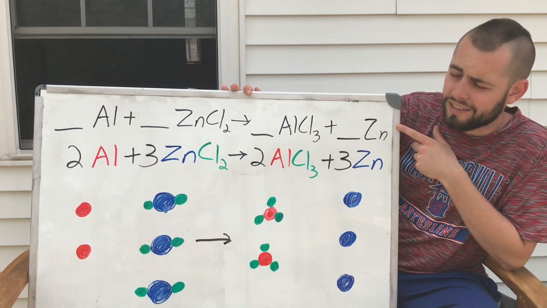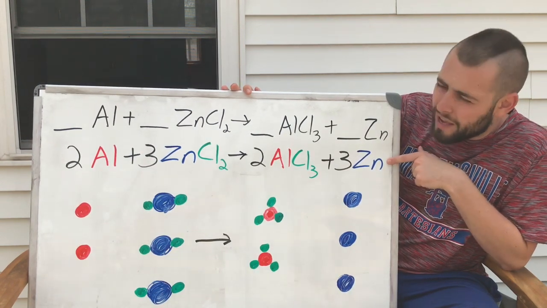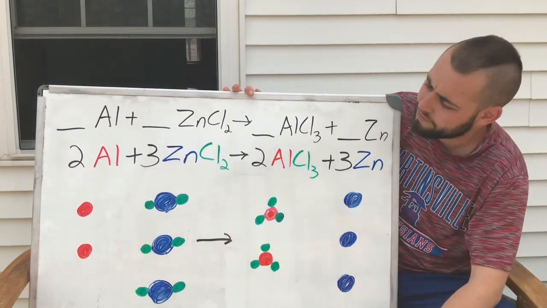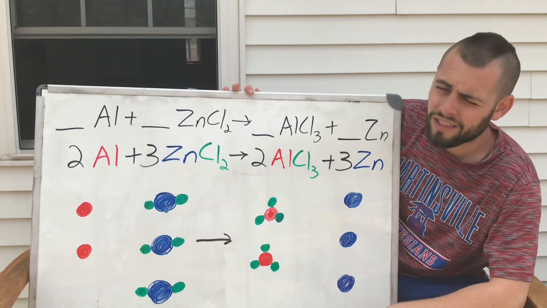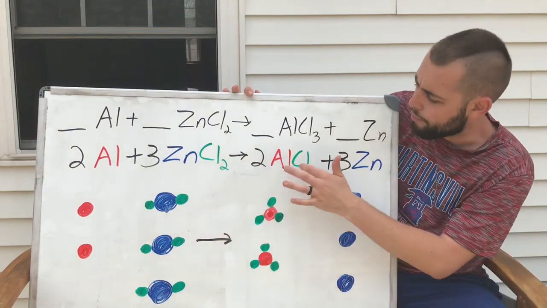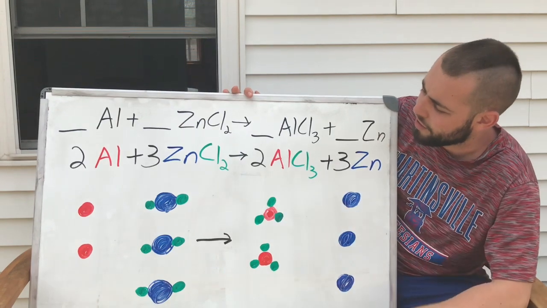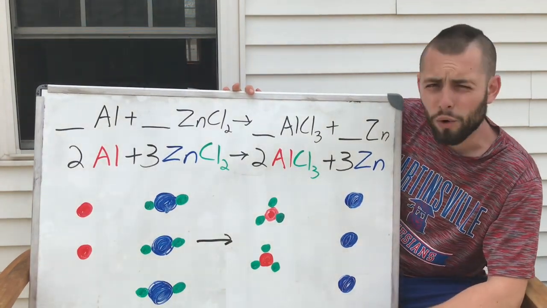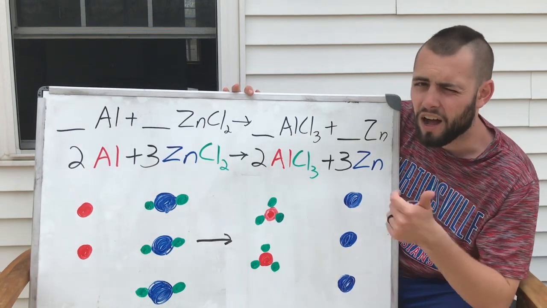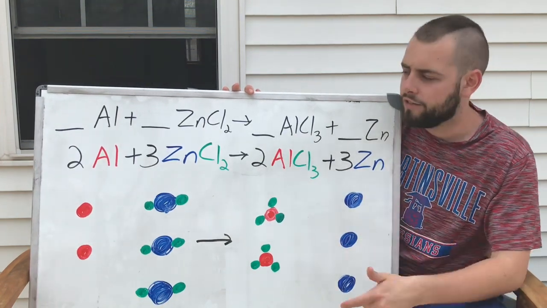And then this one that I made all colorful does have coefficients in it. This is a balanced reaction. And then these pictures just represent the different elements. It's color-coded there.